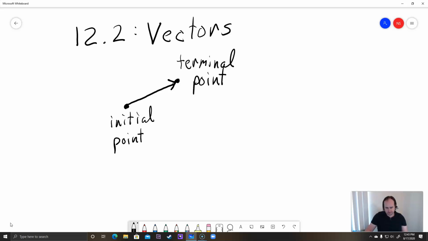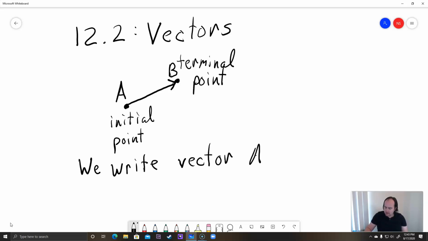So a vector actually is a line segment, but it has a direction. Okay? For example, here we could call the initial point A and the terminal point B. Then we would say this is a vector, and for this vector we write vector AB, and then we write an arrow over it.